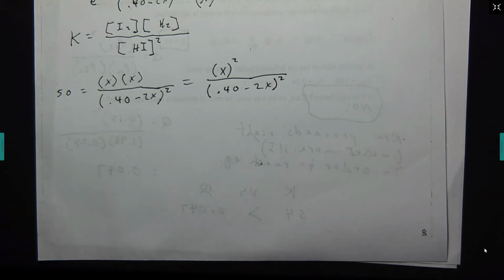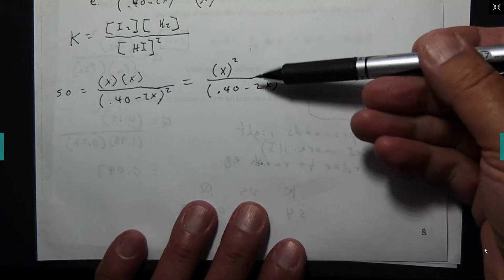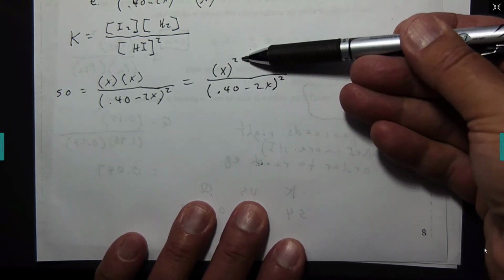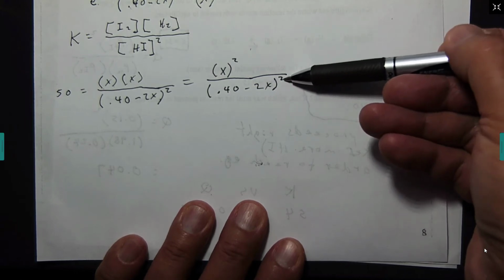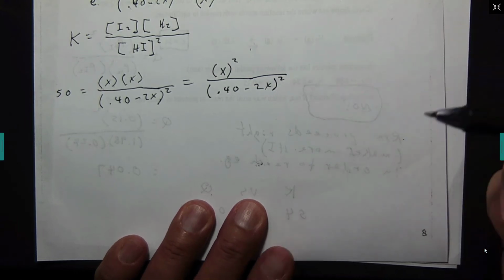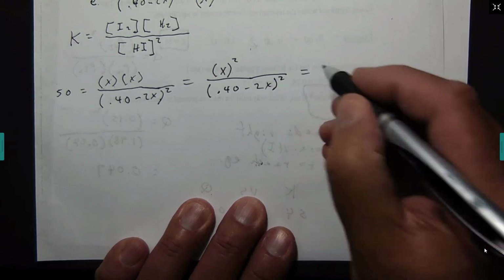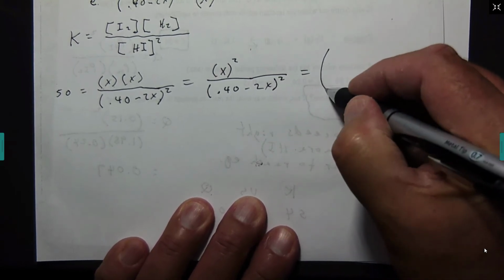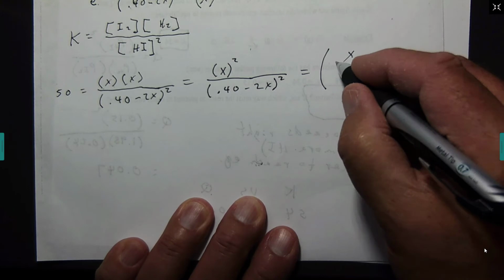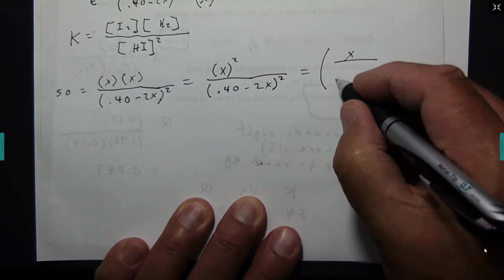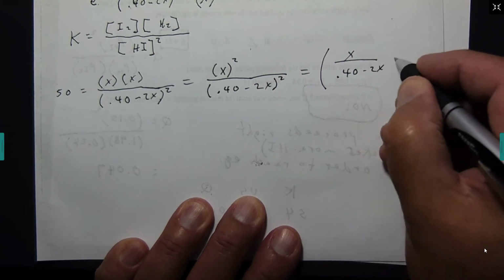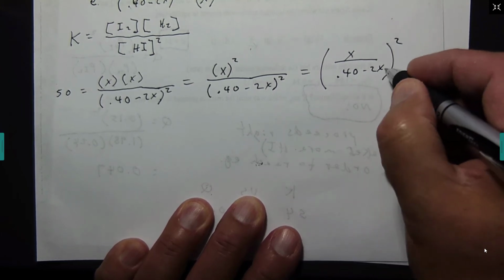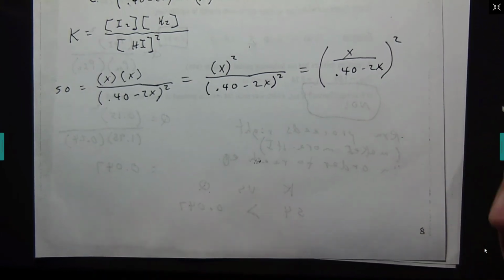This one takes the form of what you would call a perfect square, because your top term here is squared. Your bottom term, the entire bottom term, is squared. So this is the same thing as having quantity x all over 0.40 minus 2x, squared.